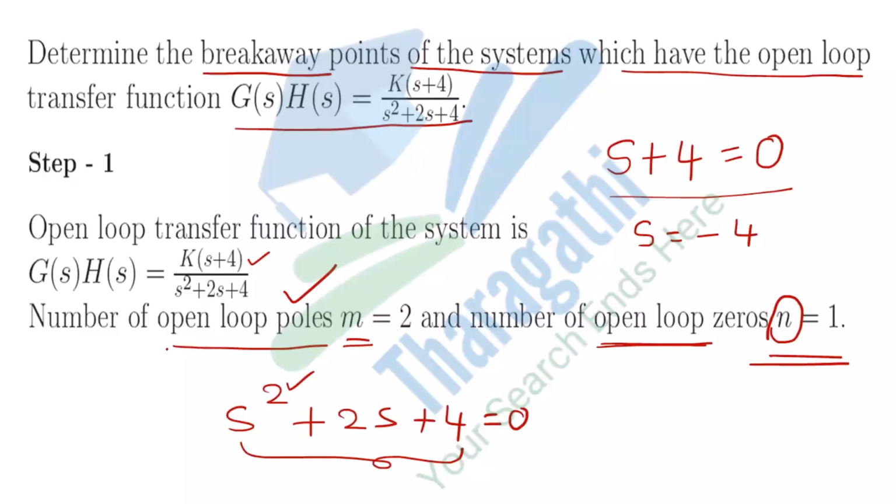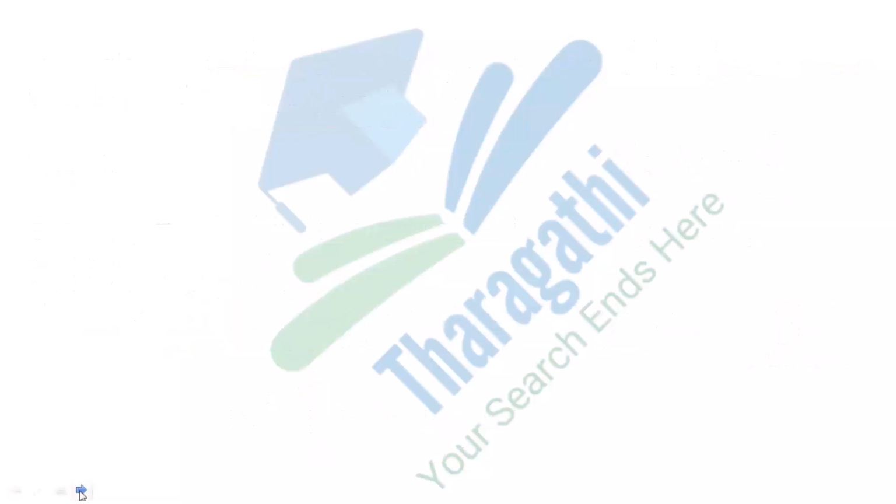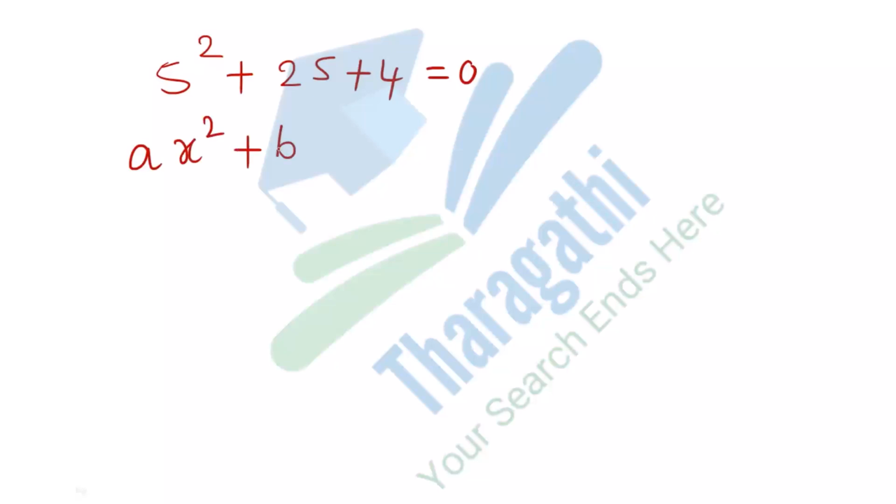Where these are located, you can find out using the relation s² + 2s + 4 = 0. You compare this with ax² + bx + c = 0, the general form of a second degree polynomial, where a = 1, b = 2, c = 4.